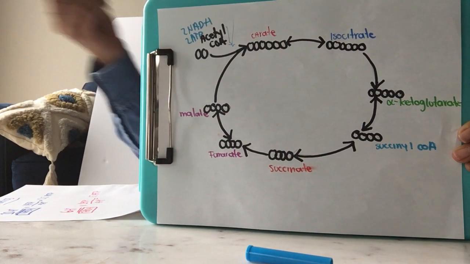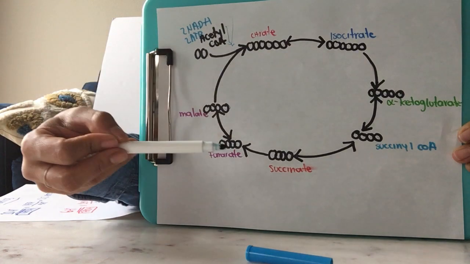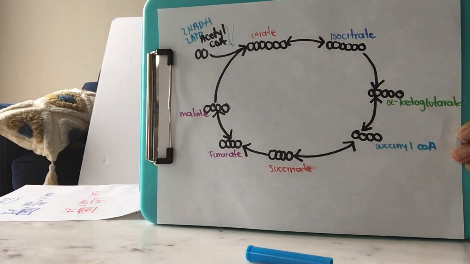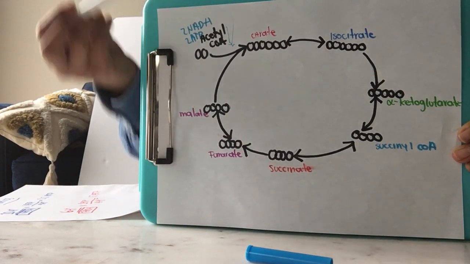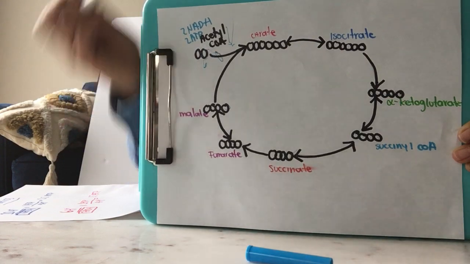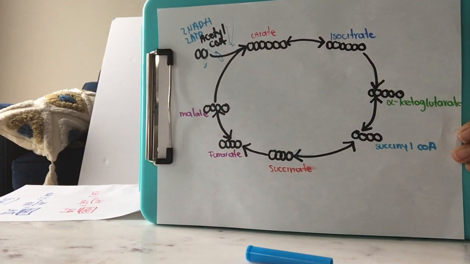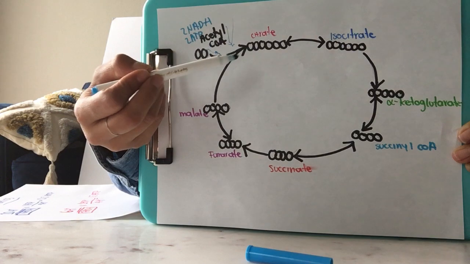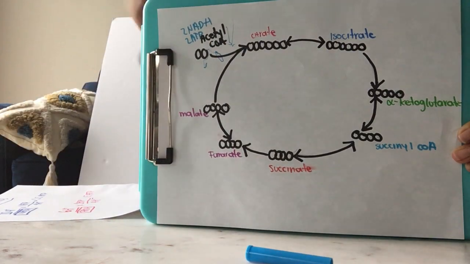Then the citric acid cycle occurs. We know that we have acetyl-CoA here. Then it turns into a four carbon fragment, which is called the oxaloacetate.